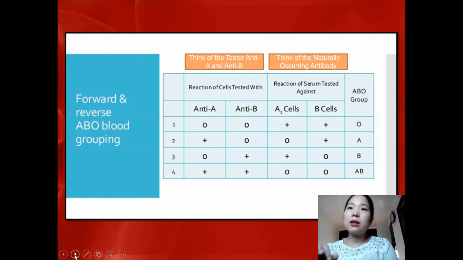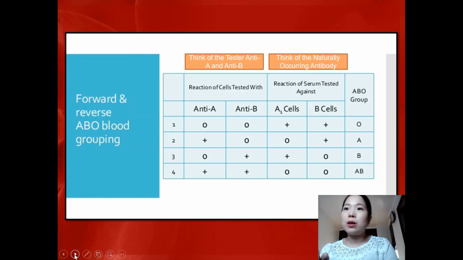Now, for the second, the anti-A is placed on the RBC and it agglutinates. It means that this red blood cell has an A antigen, and it doesn't have the B antigen. So, which blood type has an A antigen on the red blood cell?